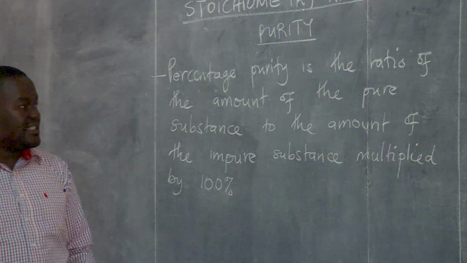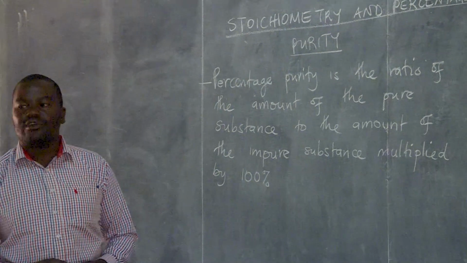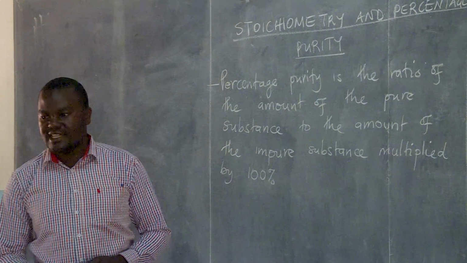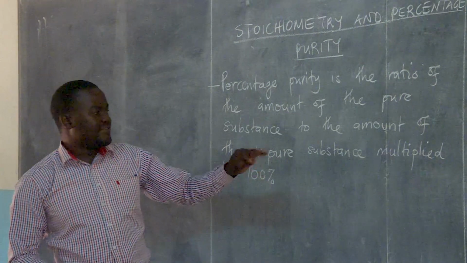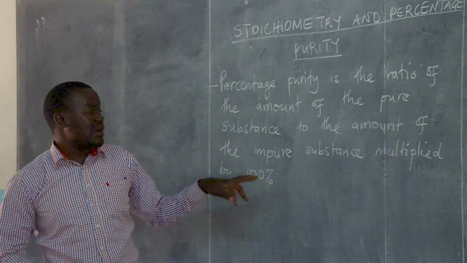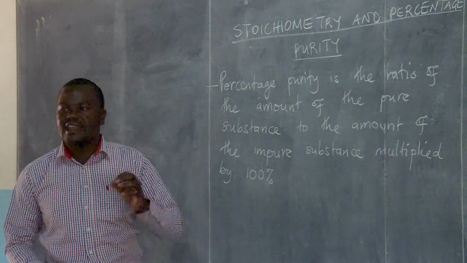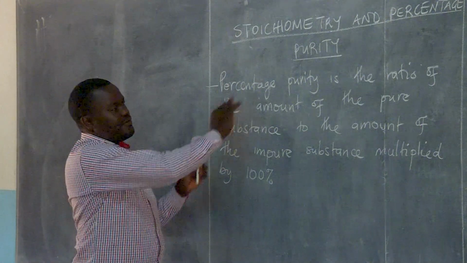What it means is that if I am to find the percentage purity of any given substance, I divide the amount of the pure substance by the amount of the impure substance, then I multiply it by 100%.